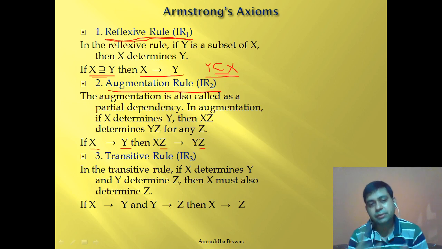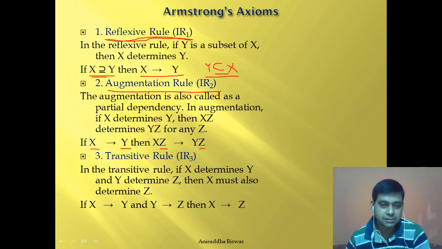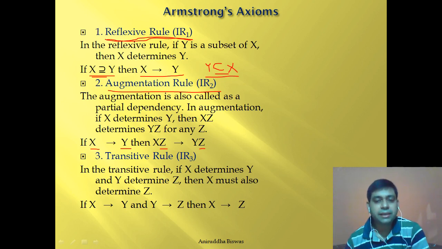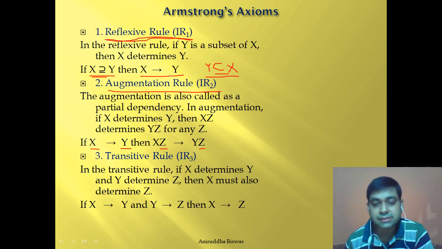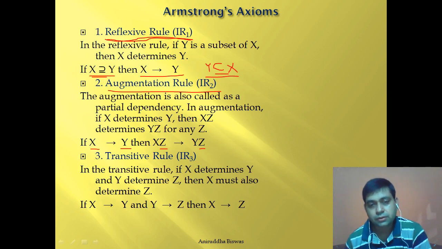So x determines y and y determines z, then x must also determine z. So this is the flow where x is determining y and y is determining z. So from this particular functional dependency set, we can have this particular relationship.